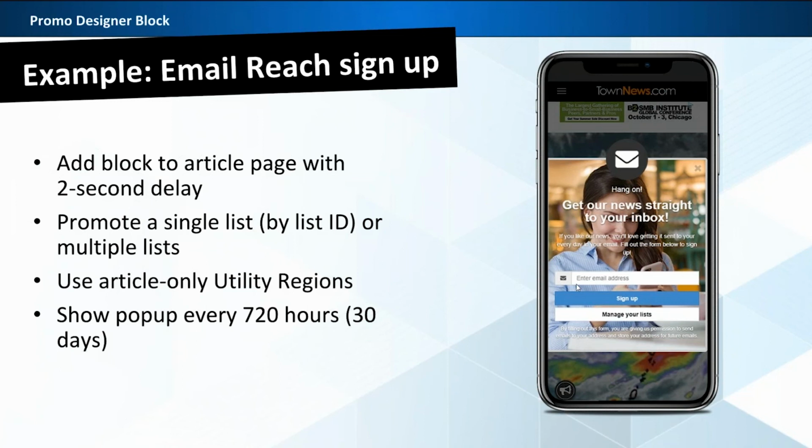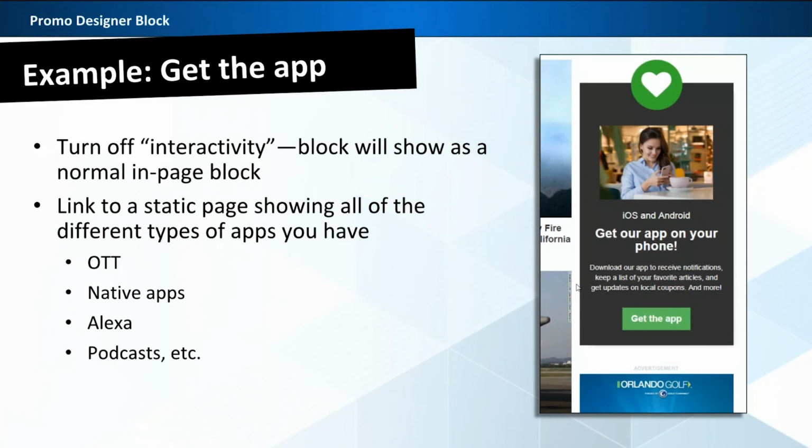Just put that in the utility region for articles and just in the sports section. And then you'll have a pop-up that will show on just the sports section every 30 days to promote that email newsletter. And you can target it to your sports newsletter. So that's a great example of something that can be very targeted and very effective. Again, using the IQ Engage program, you can make sure that people who are already signed up for the list don't get that pop-up.